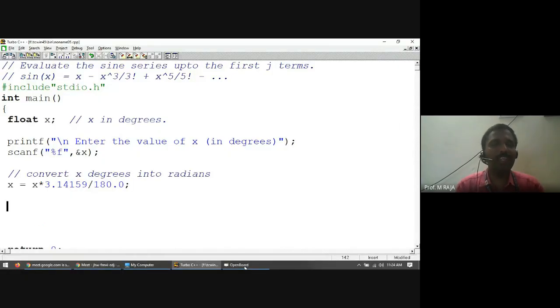So x degrees measurement is converted into the equivalent radians. Further, the updated value of x should be given as input to the right hand side evaluation, x minus x^3 by 3 factorial plus x^5 by 5 factorial.